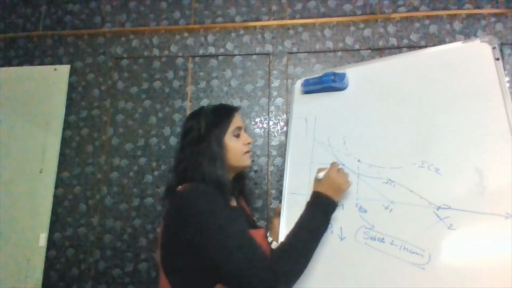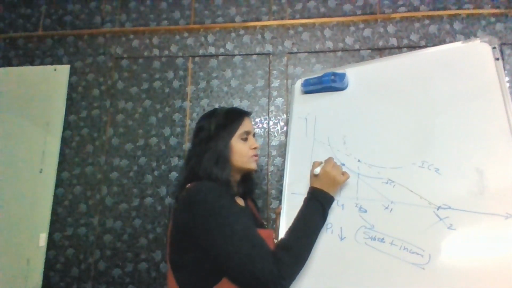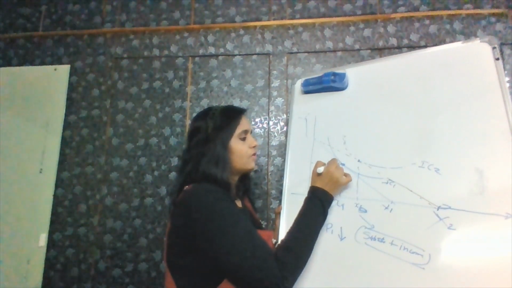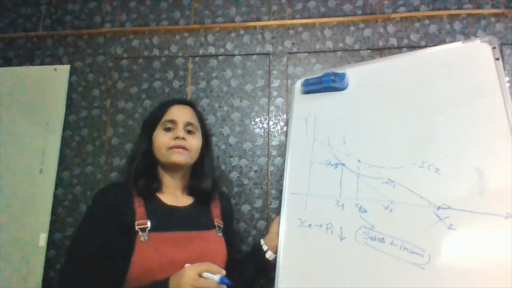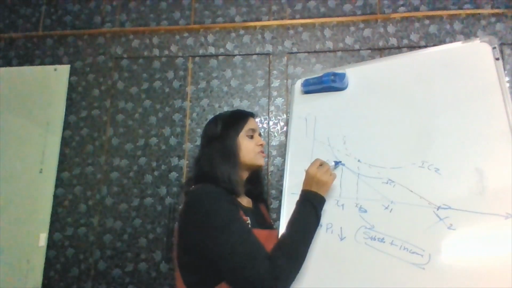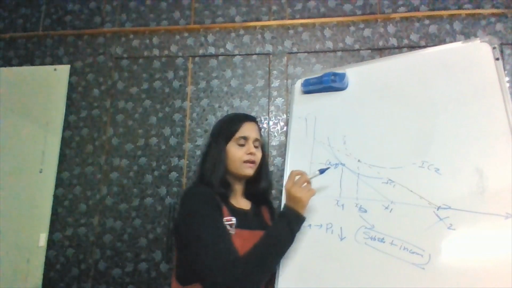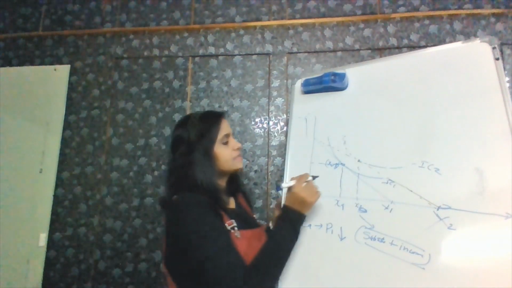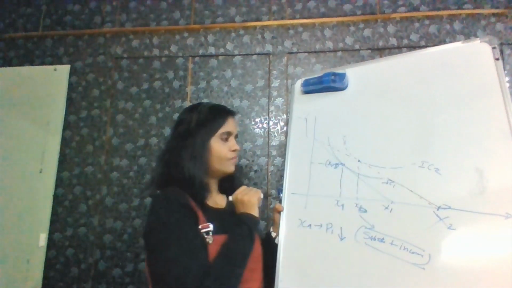That means earlier you were able to buy this bundle of goods, XA YA. But according to the Slutsky approach, on the new line also the consumer should be able to buy this bundle. So your new purchasing line will go through this.